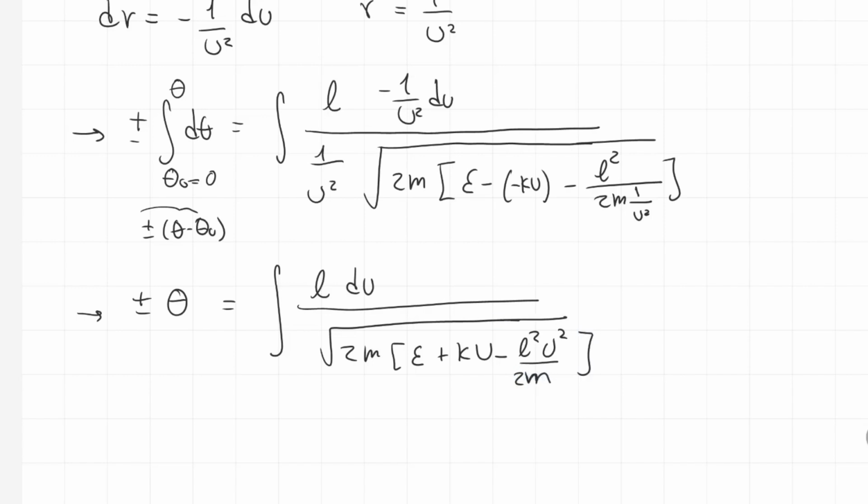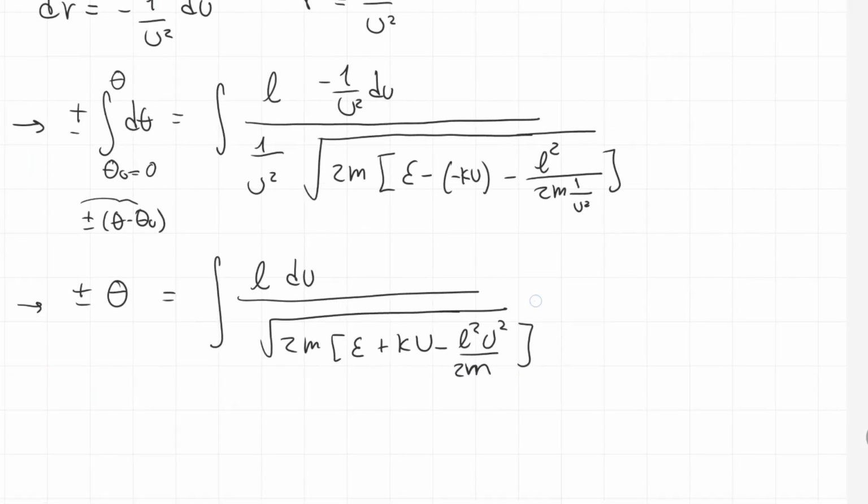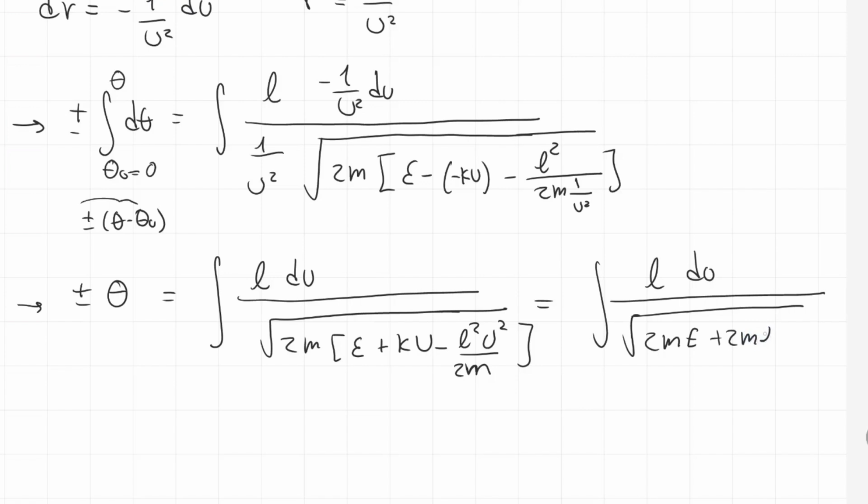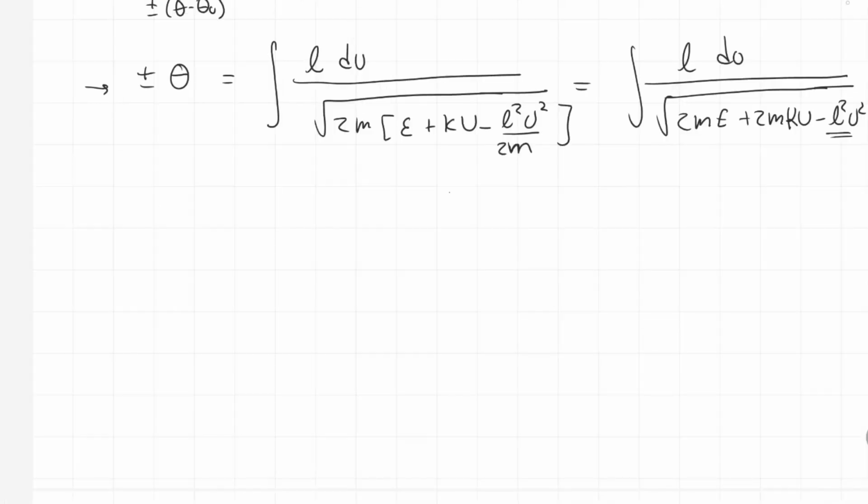Okay? And this, we are going to rewrite it as L times du over the square root of 2me plus 2mku minus L squared u squared. Okay, so we are going to work out a little bit with that expression that we have here.